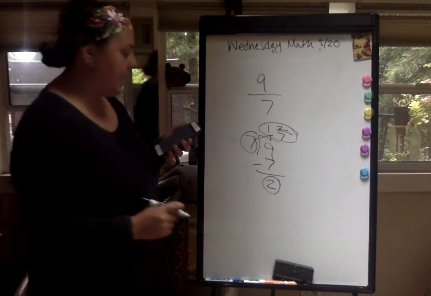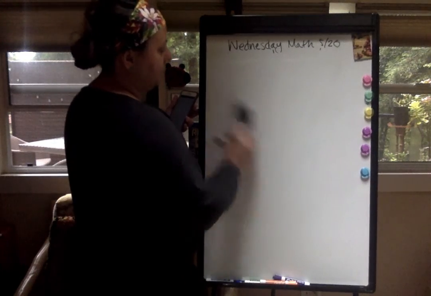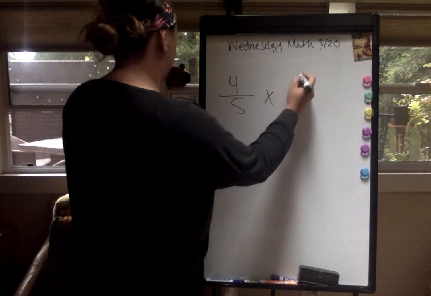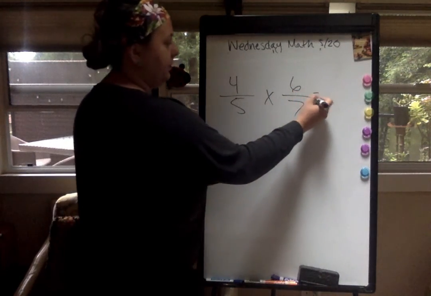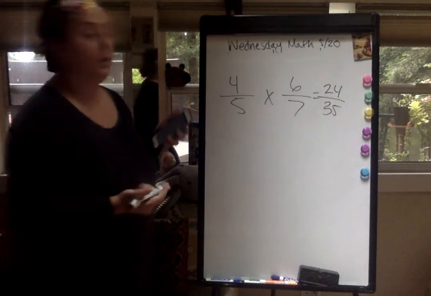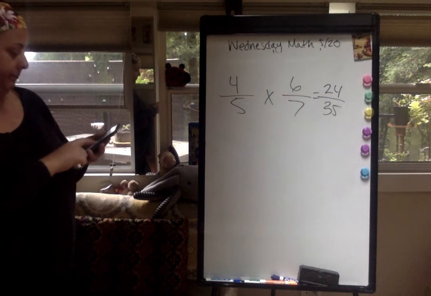What is the product of 4/5 and 6/7? Product means times, so 4/5 times 6/7. So we've got 24/35. Nothing goes into either one of those, so we are done.